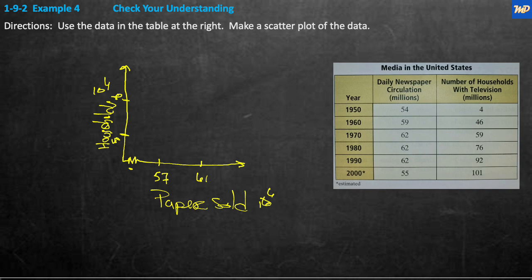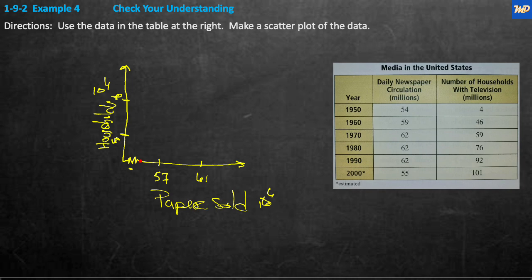So we're going to do the first year. In 1950, there were 54 million newspapers sold. So 54 is going to go right here. Let's change colors. Red, is that going to work good? So we're going to do right here, right? That's 54 million newspapers.